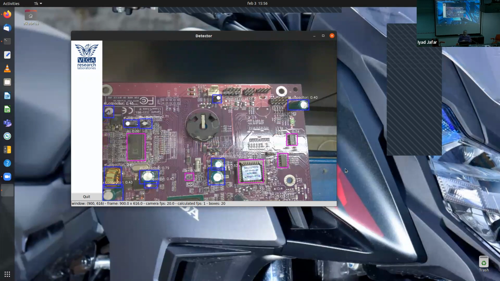How large is your training data set? The training set was 27 images, 20 for training, 7 for tests. Images of boards, yes, but the target is the components, which are more or less 5 to 10 components for each of the boards.